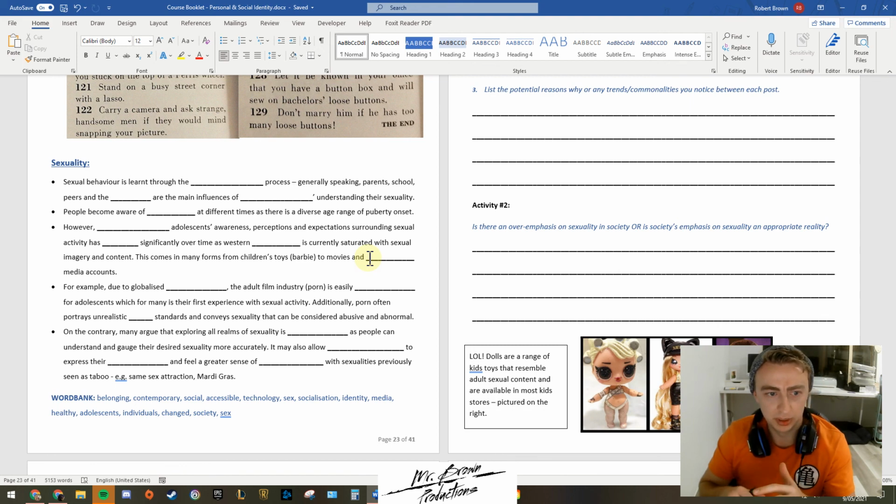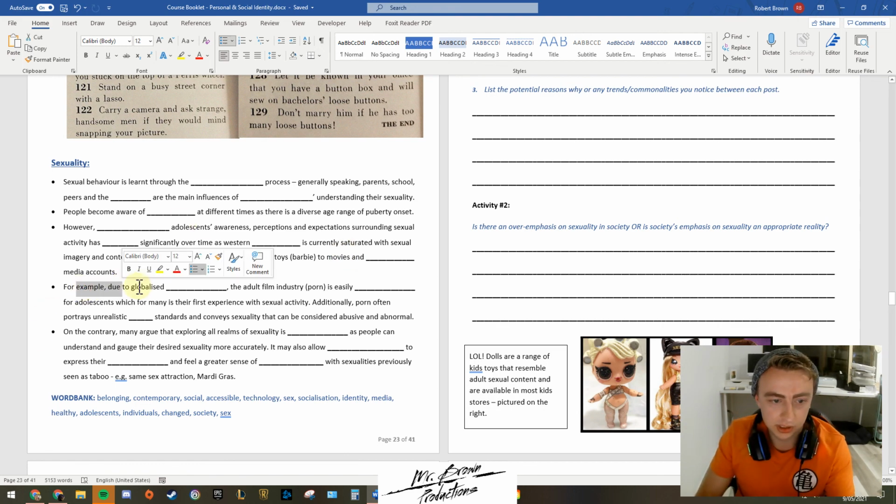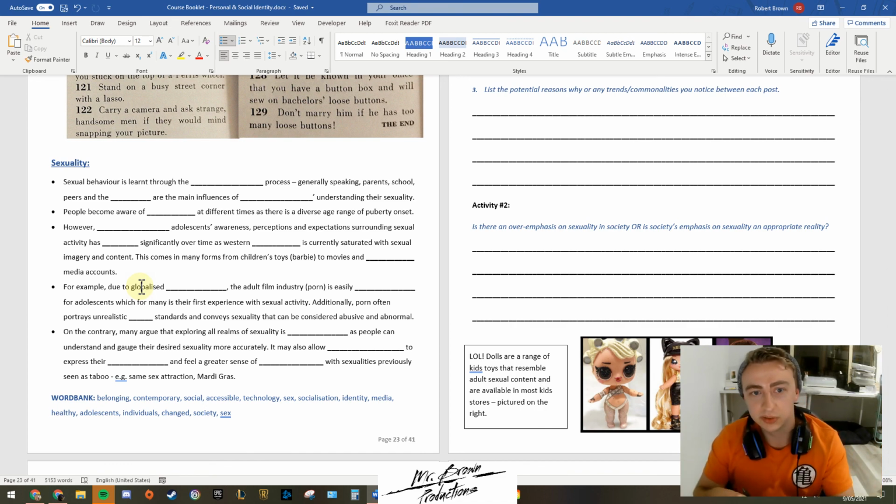So I think people are becoming a lot more aware of their sexuality earlier on because of those reasons. And I think there's a lot of different behaviours that are occurring as a result. There's other things as well. So technology has really boosted the adult film industry around the world. And so a lot of people's first contact with sexual activity is through an online video and not necessarily with a real life person.